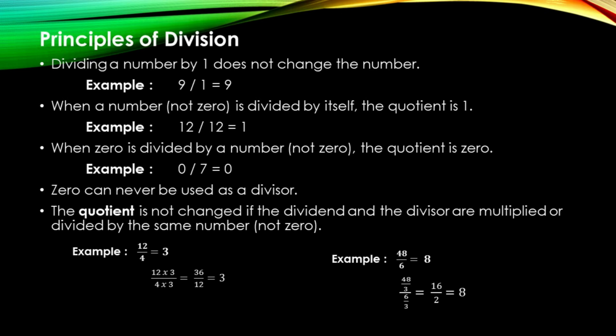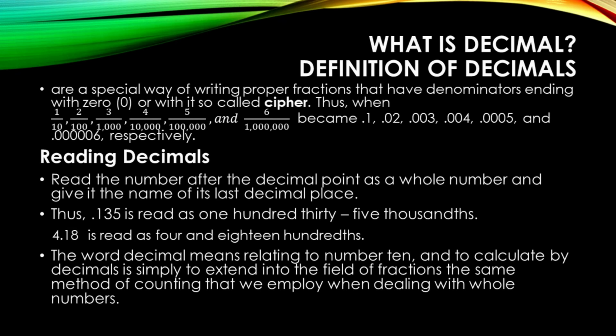Okay, next. Since we are done with whole numbers, which are addition, multiplication, subtraction, and division, now, let's start with decimals. So, what is decimal, class? Decimals, by definition, are a special way of writing proper fractions that have denominators ending with 0.